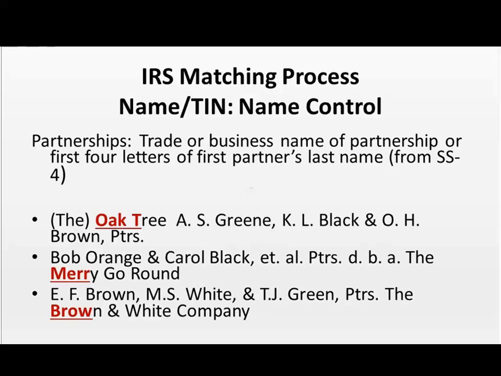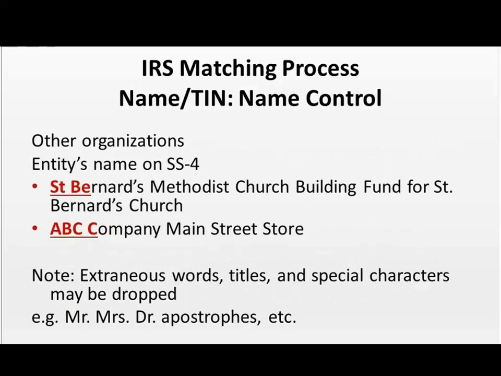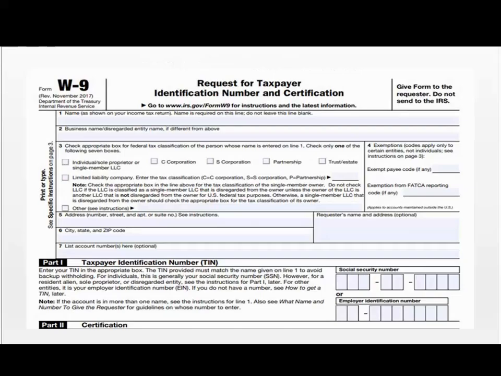Words like "the" are not included, otherwise everybody would be "the something or other" and have almost an automatic matching. And so there's some different examples there. And then other organizations is going to be the first four letters of the name of the organization, ignoring spaces. And you don't include titles, extraneous words, special characters, and so on.